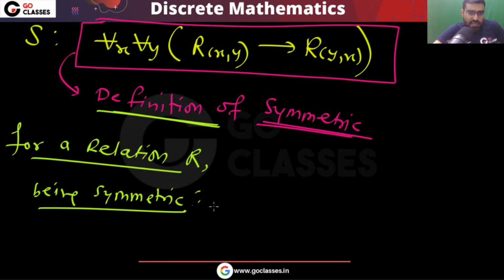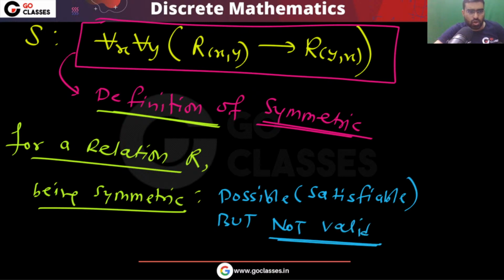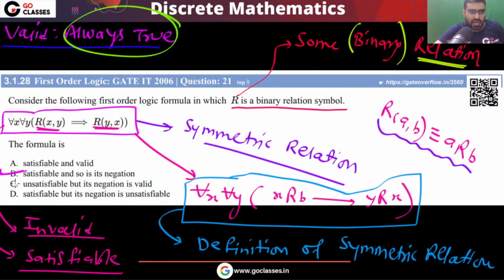Being symmetric is possible, and possible means satisfiable. It is not always true that every random relation is symmetric. So for this question, the answer will be option B: it is satisfiable, and its negation is also satisfiable.